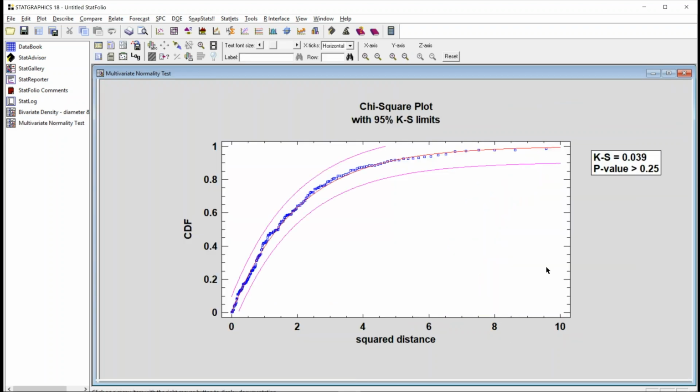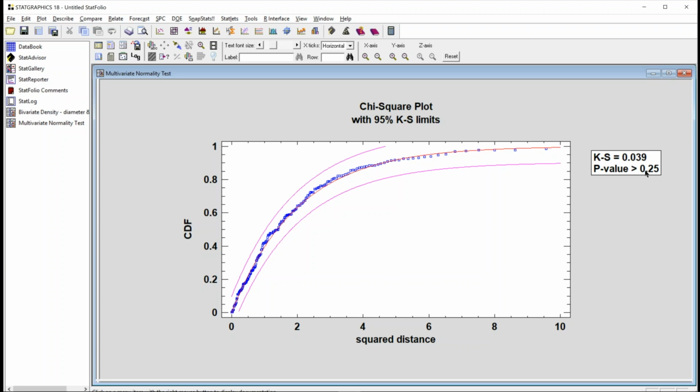Okay. The important thing about the chi-square plot, though, if the data come from a multivariate normal distribution, then these normalized square distances should follow a chi-square distribution. And what we've done is we've taken each of the 200 observations, plotted the empirical cumulative distribution function of those 200 points, and added to it what are called 95% Kolmogorov-Smirnov limits.